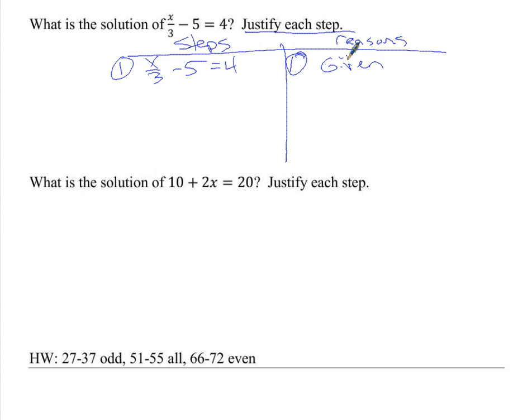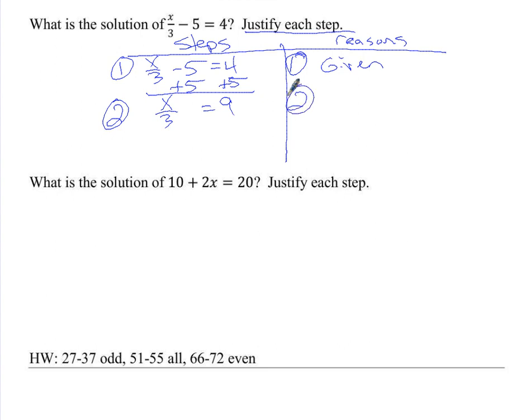So what am I going to do first? Good. We need to get the variable term by itself, so we're going to add 5 to both sides. Draw my line here, and now my answer is going to be step 2. What do I write? x over 3 equals 4 plus 5 is 9. So that is my step 2.